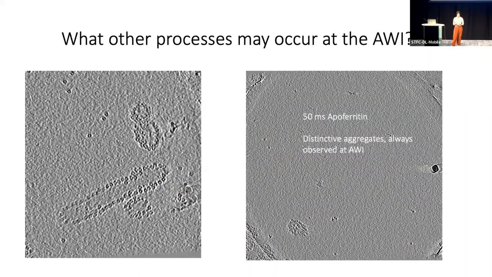And I've just shown a couple of pictures of apoferritin here, which was prepared within 50 milliseconds. And you get all sorts of weird aggregates forming and things like that. And I think we felt for a while now that there's probably some additional things happening within this thin film environment, which should probably have implications for our biological specimens.